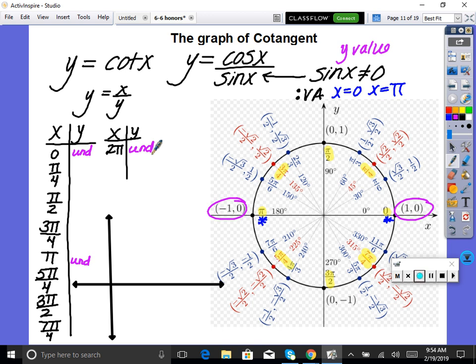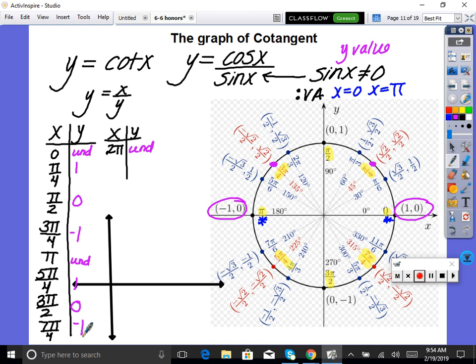So pi fourths right here, 45 degrees, is 1, isn't it? Pi halves is going to be, this one's the x divided by y. So 0 divided by 1, 0, and then at 3 pi fourths, which is right here, we're going to get -1, and then the pattern starts over. We're at undefined. So it'll be 1, 0, -1, undefined.